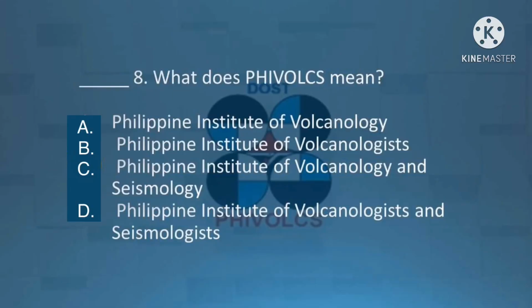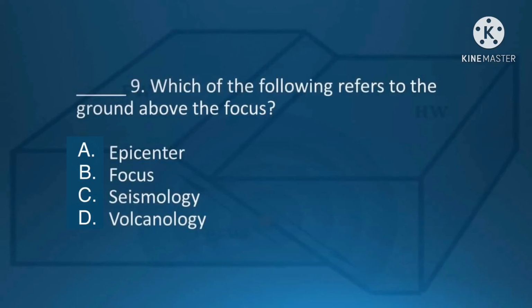What does PHIVOLCS mean? What is the answer? If your answer is letter C, you are correct. That is Philippine Institute of Volcanology and Seismology. For number 9, which of the following refers to ground above the focus? Yes, that is epicenter, letter A.